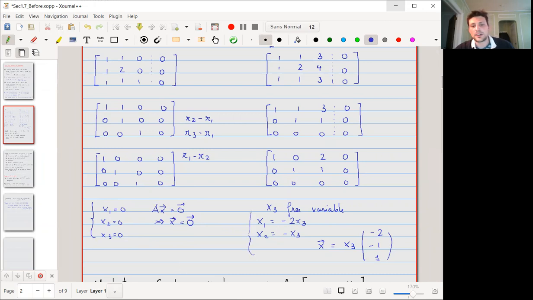In this case here, we may write the 0 vector as a linear combination with non-zero coefficients, -2, -1, and 1, of the columns that we started with. In other words, S1 is a linearly independent set, but S2 is linearly dependent.